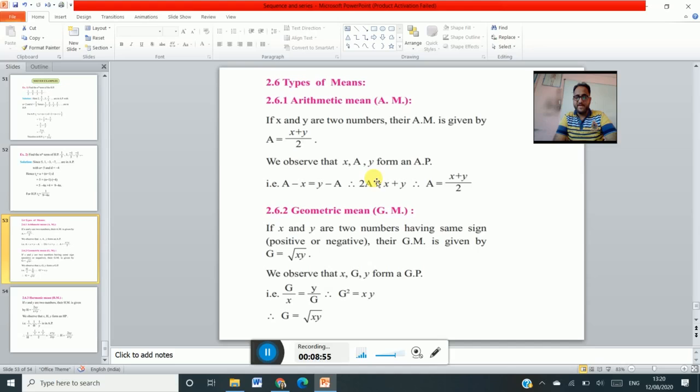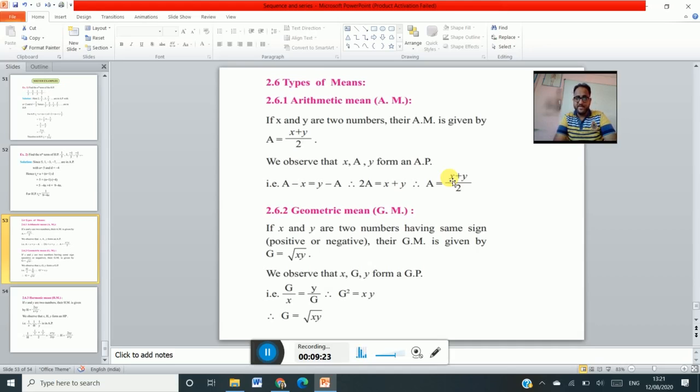We observe x, capital A, y form an AP, that is A minus x equals y minus A, therefore twice A equals x plus y, so A equals (x plus y) by 2. How did this come? A with a minus comes to the other side as plus A, giving twice A, and x with a minus comes as plus x, so x plus y.